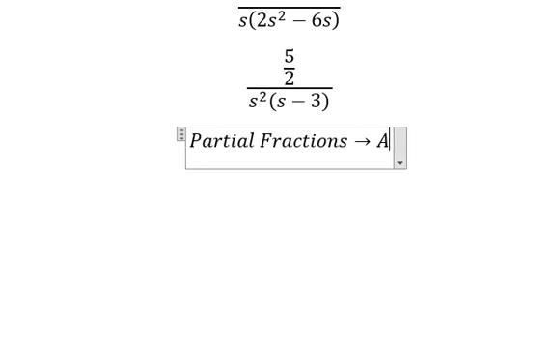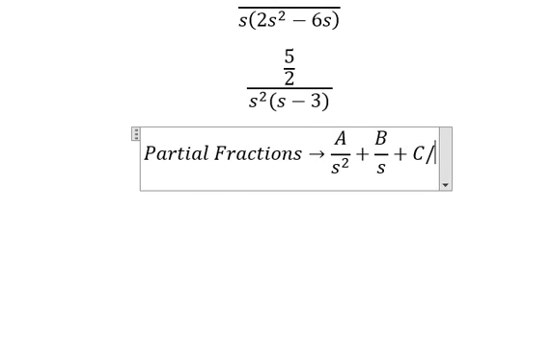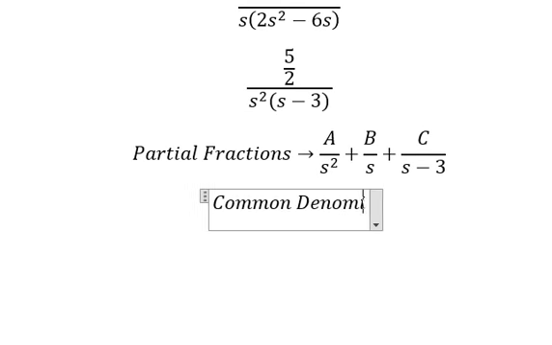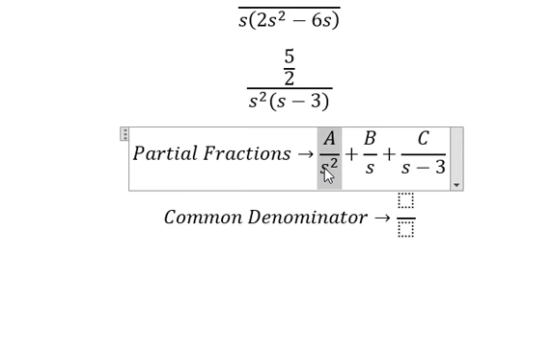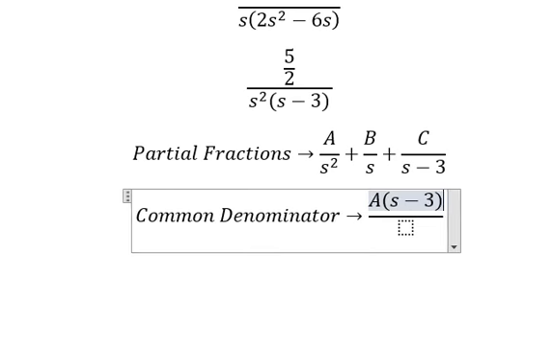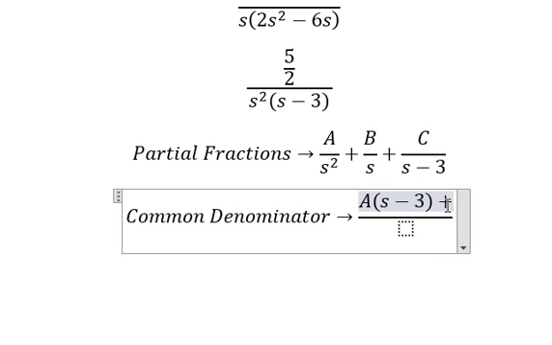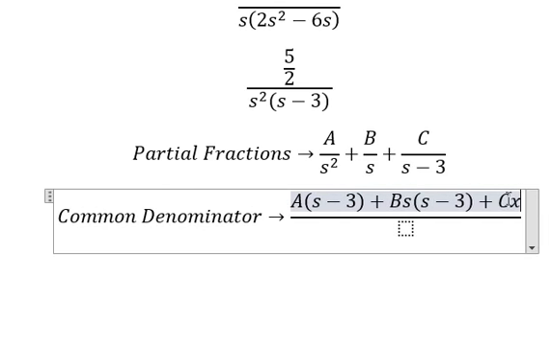So I will put capital A over h squared, capital B over h, capital C over h minus 3. This one we can do common denominator. About this one, it is missing h minus 3. About this one, it is missing h and h minus 3. This one we have h squared.